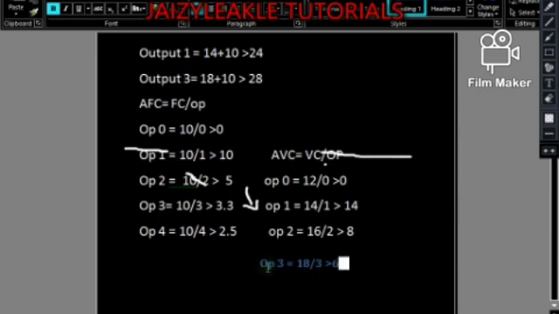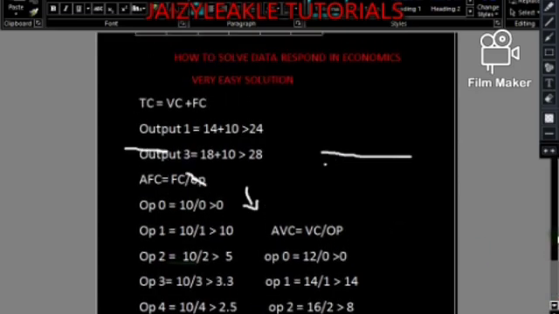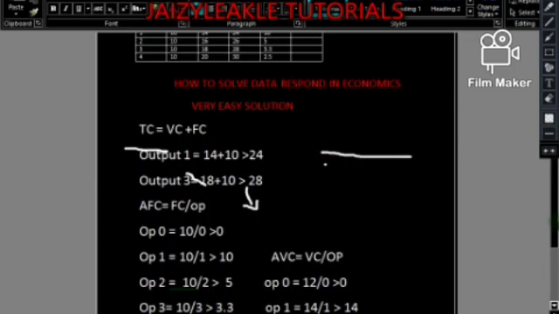Then we jump to the next OP, that will be OP4. That is equal to 30 divided by 4. No, it's 20 rather.